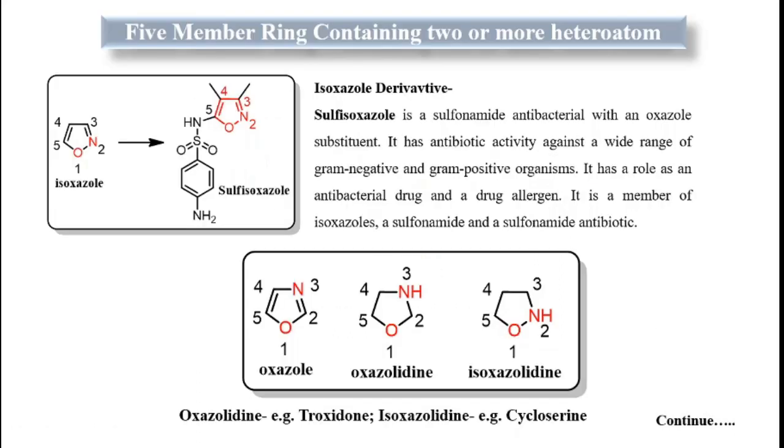Now we move forward to the 5-member ring containing 2 or more heteroatoms, but the heteroatoms are different. We will discuss it in the next lecture.